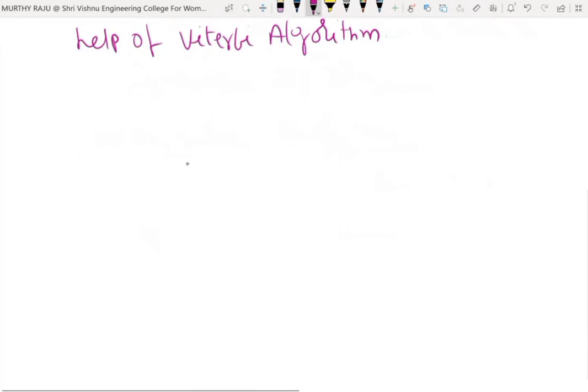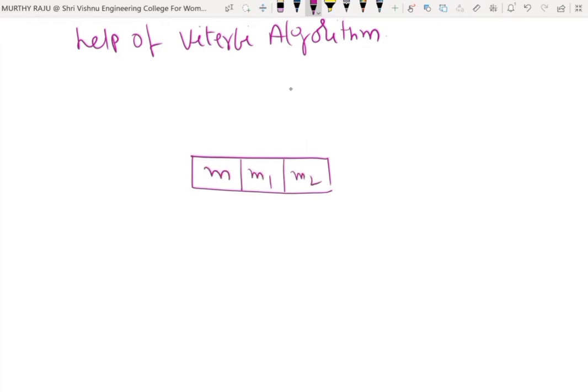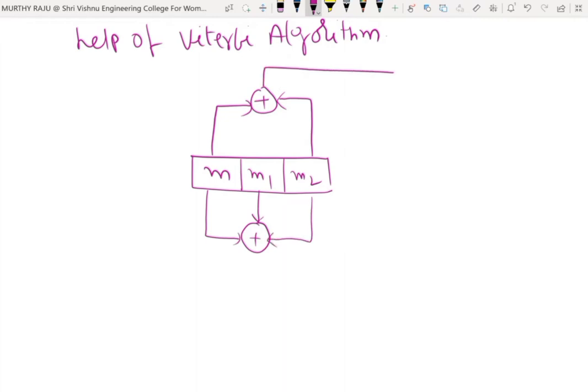Here the convolutional encoder has M1, M2, and two modulo-2 adders are used here.